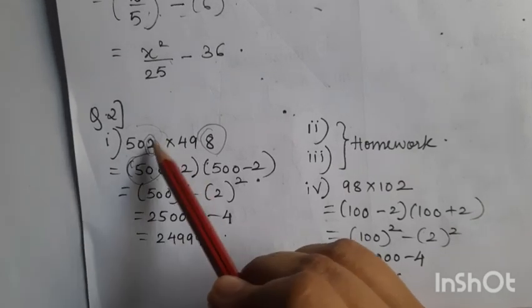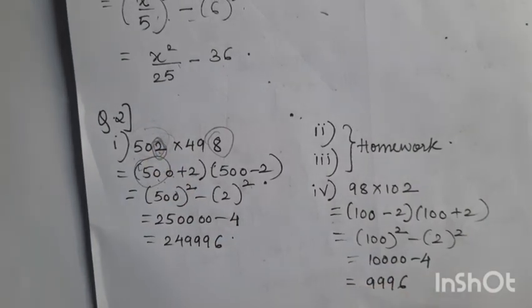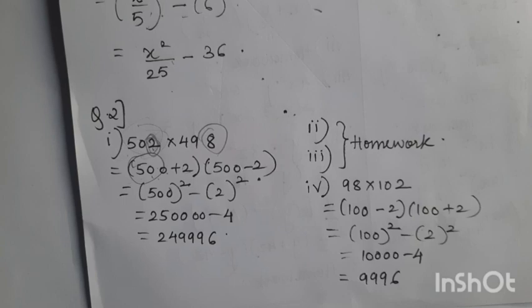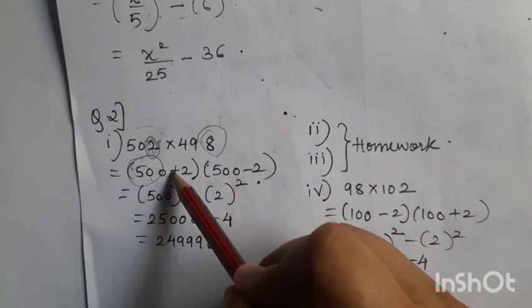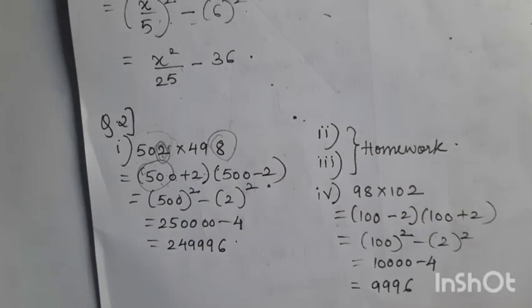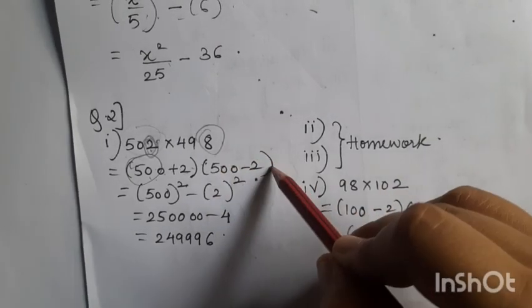So 500 plus 2. Why plus 2? Because here it is 2. When the number is smaller than 5, we add it. When the number is greater than 5, we subtract it. So 502 means 500 plus 2, multiplied by 498. Now 498 is close to 500 itself, so 500 minus 2.